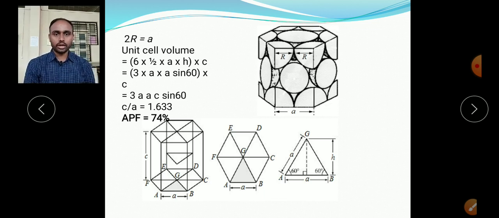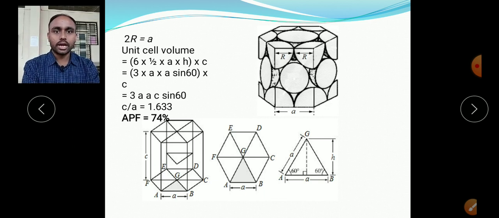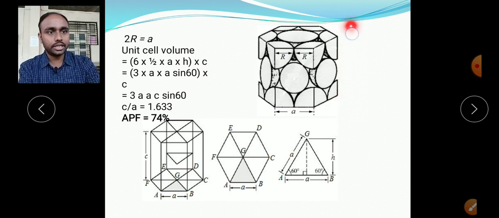Yes, don't worry, have patience, everything is in the next slide, right. So first of all, look how we are moving towards finding the volume of that hexagonal unit cell. Since this hexagonal unit cell has 2 faces, top and bottom, calculate the area of one particular face and multiply it by the height, then you will get the volume.